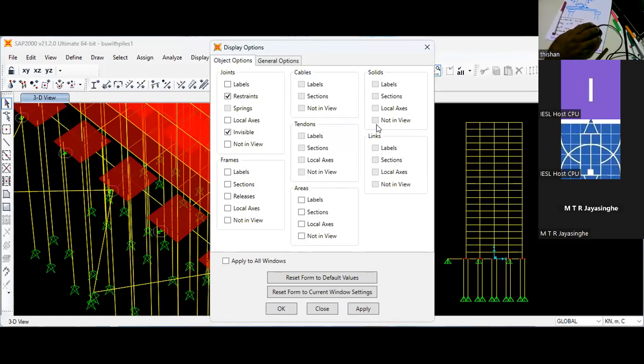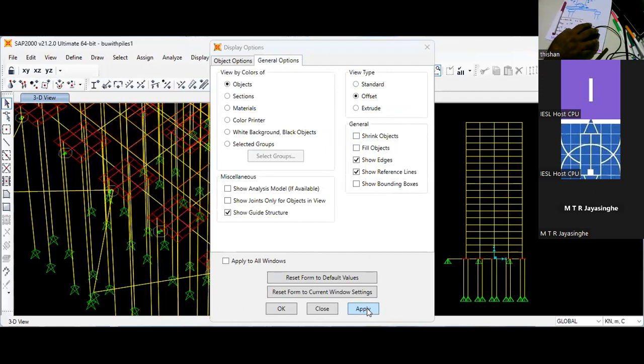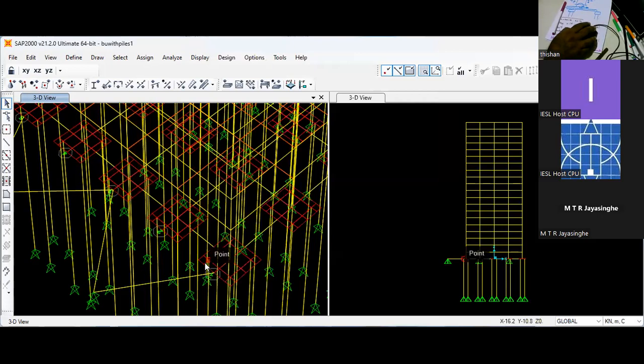Now you can see how the pile caps have been created. But again, you can see I have not done meshing of the pile caps. I have kept them without meshing, and when I do the meshing, I can get more accurate results.